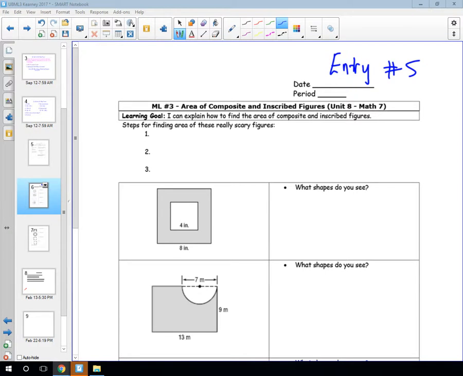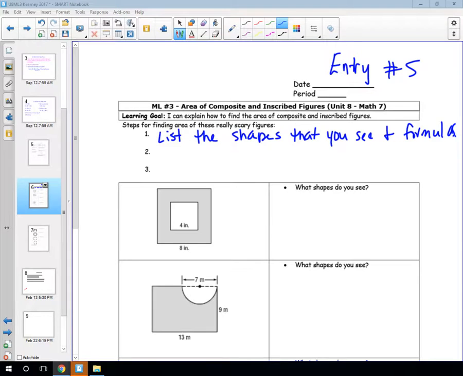The very first step is to list the shapes that you see. When you look at one of these weird shapes, you're going to list all the shapes that you see, and their formulas. So you list the shapes and write down the formula for how to find the area of each of them.